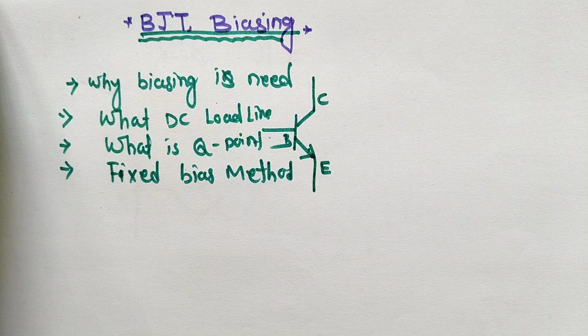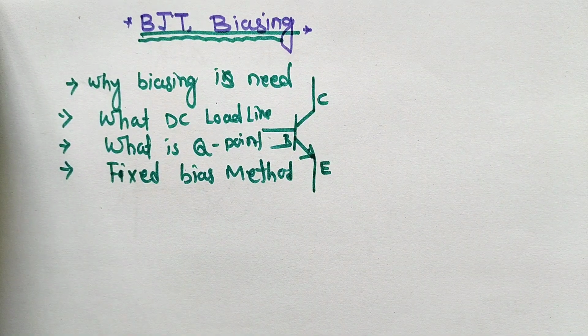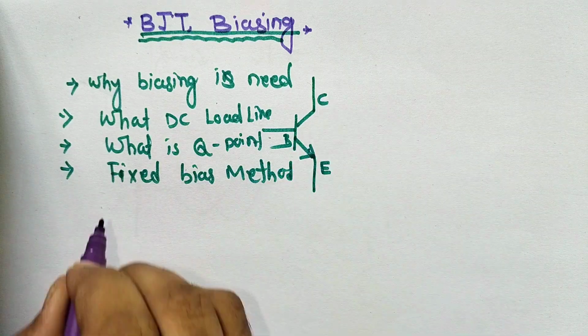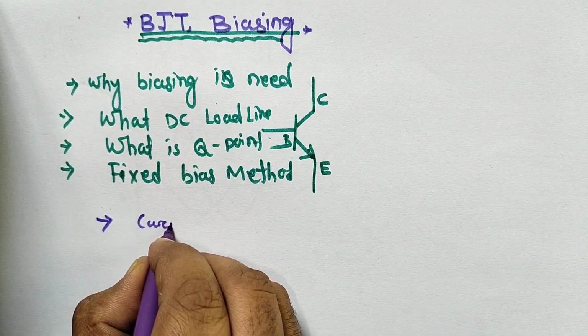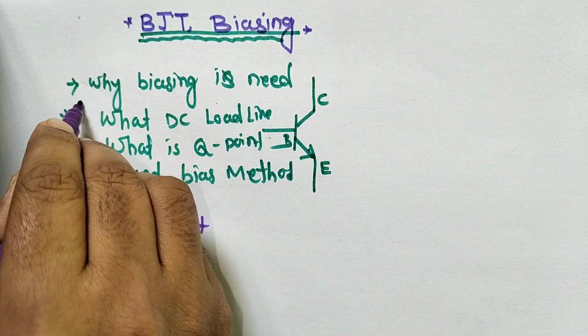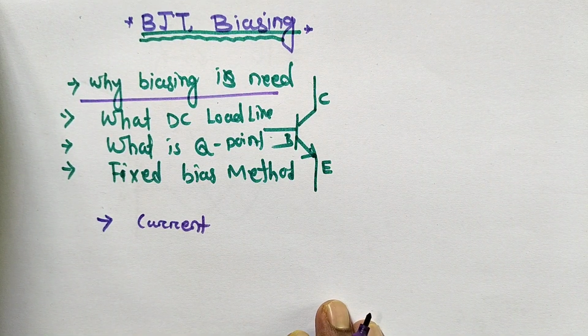But first, to know why biasing is needed: BJT is a current control device, but it does not automatically operate in a stable condition.